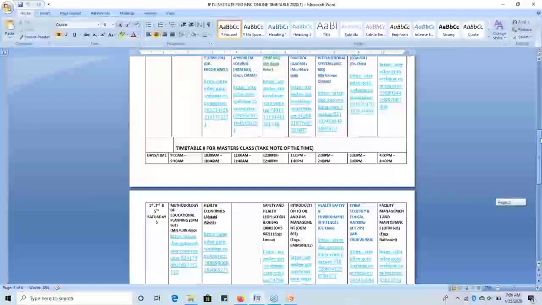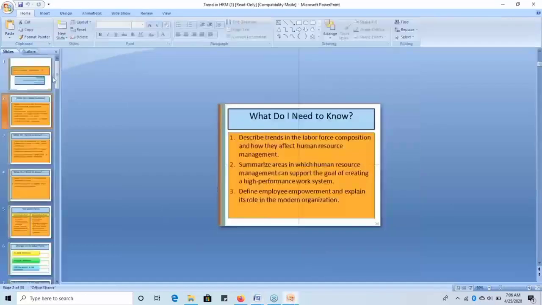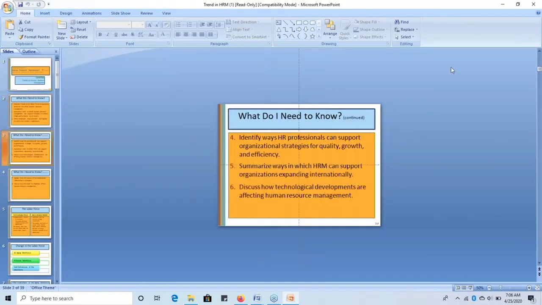So, we move to number 4. What do I need? Still on what do I need to know as a human resource person? You have to identify ways HR professionals can support organization strategies for quality, growth, and efficiency.